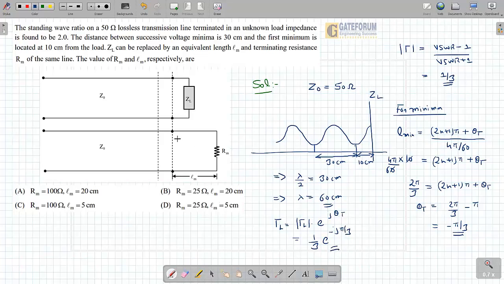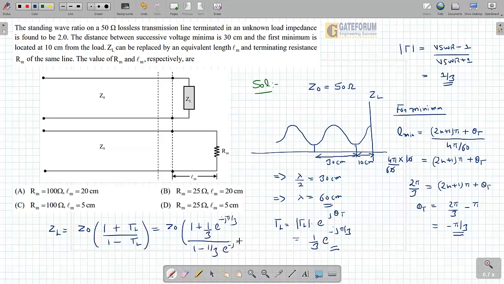Now I can write my equation of ZL something like this. ZL equal to Z naught (1 plus gamma L) upon (1 minus gamma L). It will become Z naught (1 plus 1 by 3 e to the power minus j pi by 3) upon (1 minus 1 by 3 e to the power minus j pi by 3).